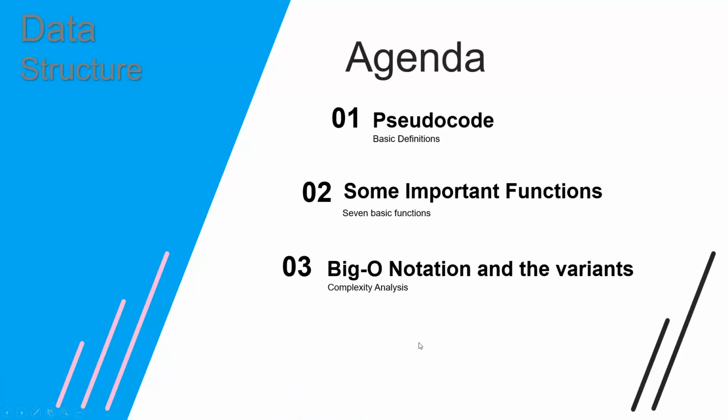In this section, you will learn about the pseudocode and then some important functions, and then you will learn about the big O notation and the variants.